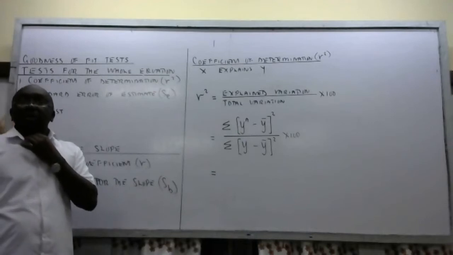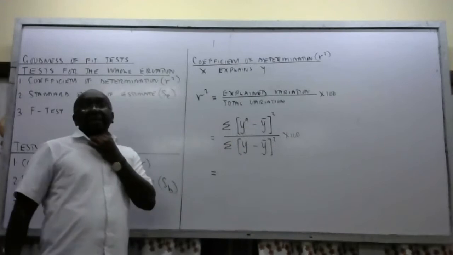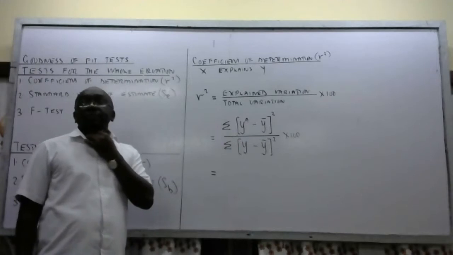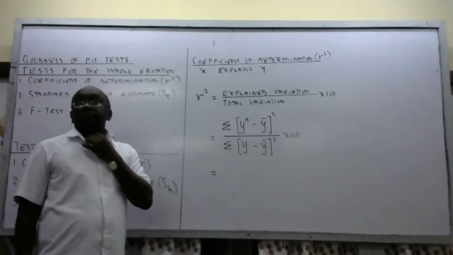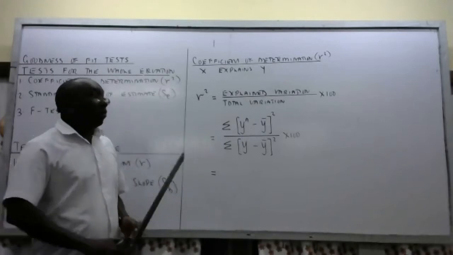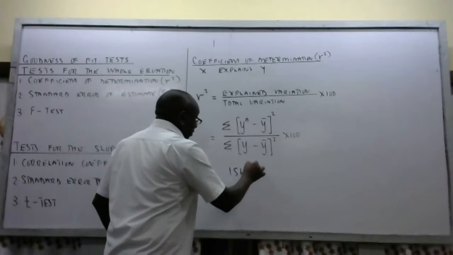So I want you to go now to that table we had and read me this total. Y predicted minus y bar. What total did you get? 156,250.